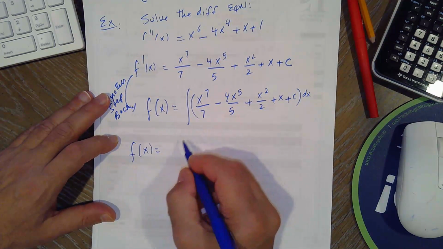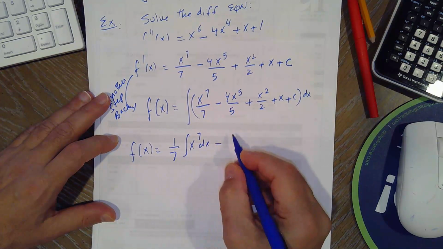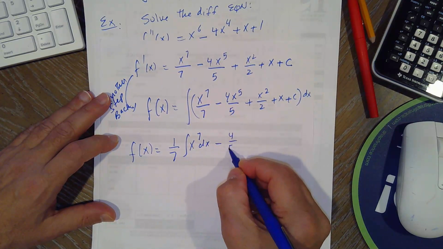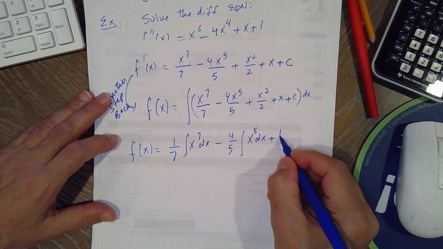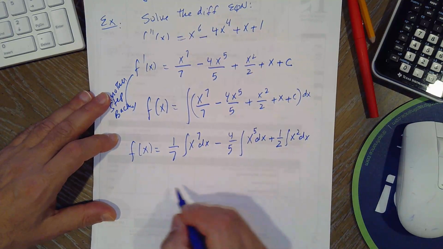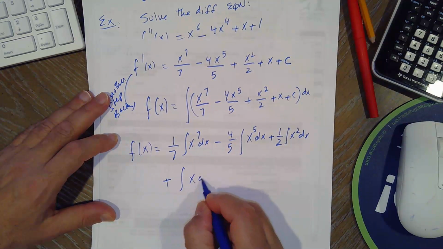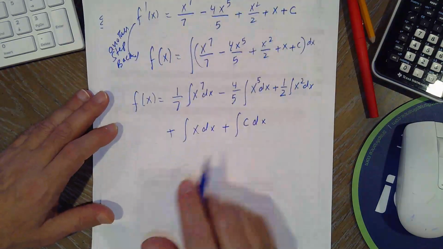Alright, so we're going to split it up and pull the constant out in the meantime, so we can antidifferentiate 4 over 5 x to the 5 dx, 1/2 x squared dx plus integral of x dx plus integral of c dx.